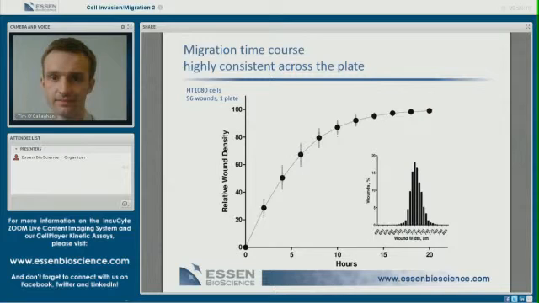The histogram insert is a histogram of the average wound widths at time 0, and we can see that they center around 730 microns and have a coefficient of variance of under 2% in this assay.